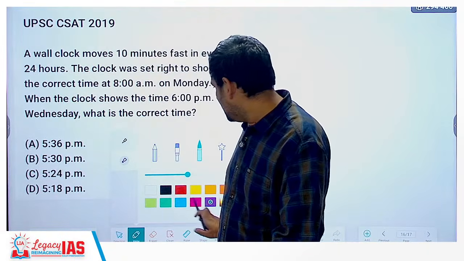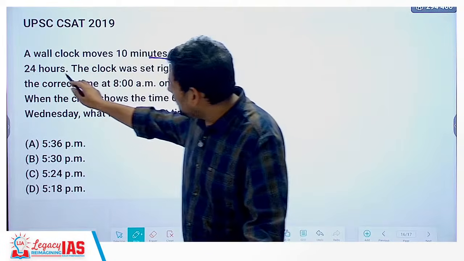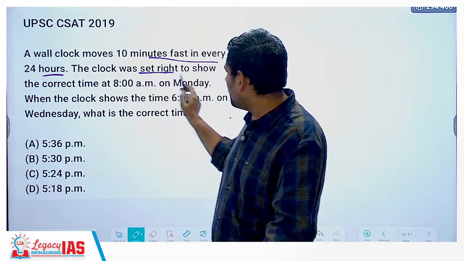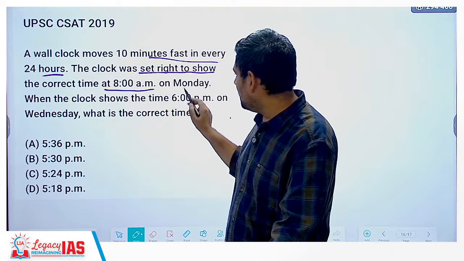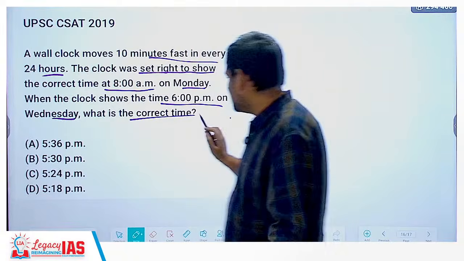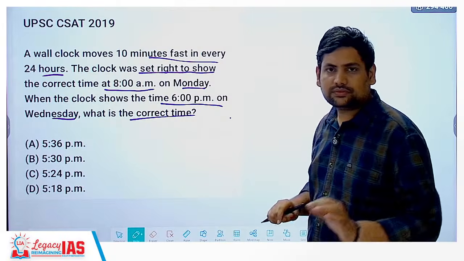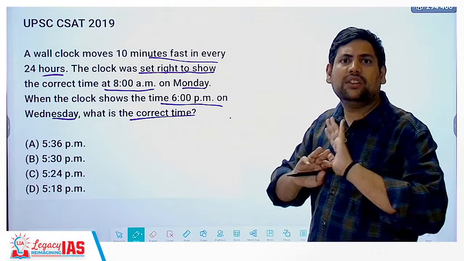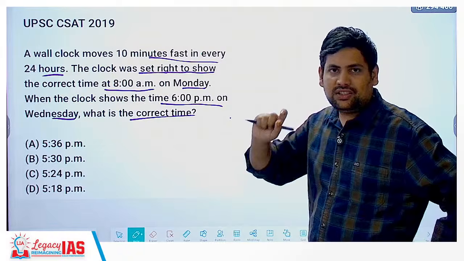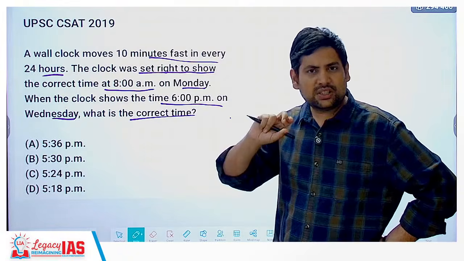Then next is this. A wall clock moves 10 minutes fast in every 24 hours. The clock was set right to show the correct time at 8 a.m. on Monday. When the clock shows 6 p.m. on Wednesday, what is the correct time? Now in these questions you don't have to do anything. You just have to manage how wrong it is on a per minute basis or in a day.